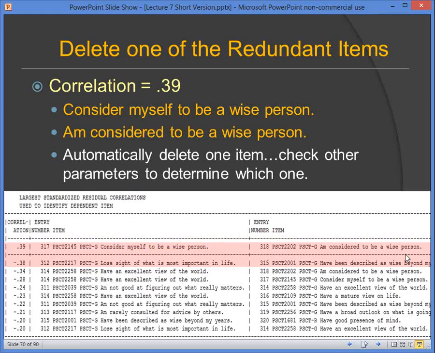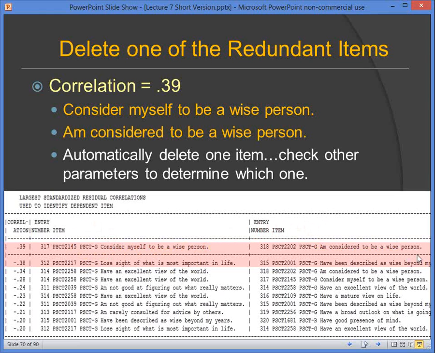This is not the curiosity scale, this is the wisdom scale, but I just wanted an example to show you. Obviously, these items are very closely phrased. The correlation between the item residuals with the Rasch dimension removed is 0.39.